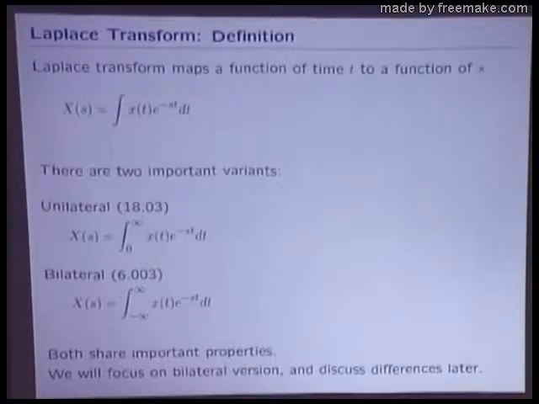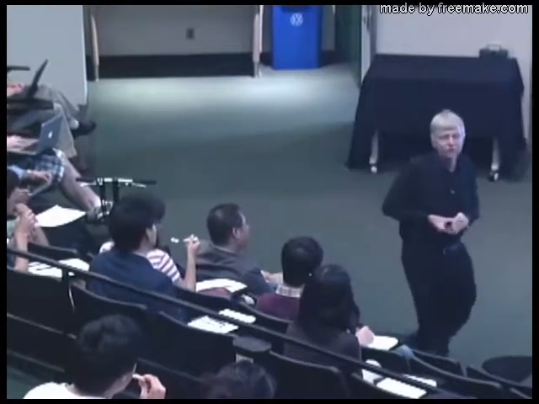The only difference being that we will start our integrals at minus infinity. There are subtle differences between those two transforms. Rest assured that the big picture is identical. And when there is an important difference, we'll point that out. So for the rest of today and for the rest of the two weeks, I will only talk about bilateral transforms, the kind that we integrate over all of time.